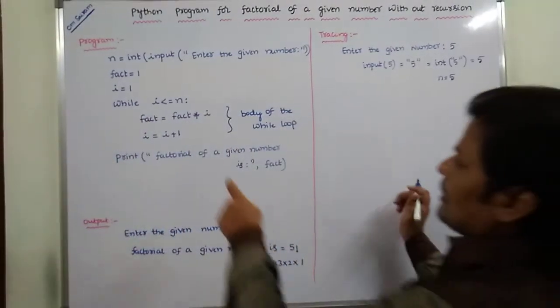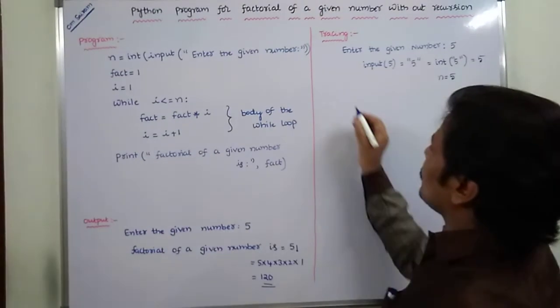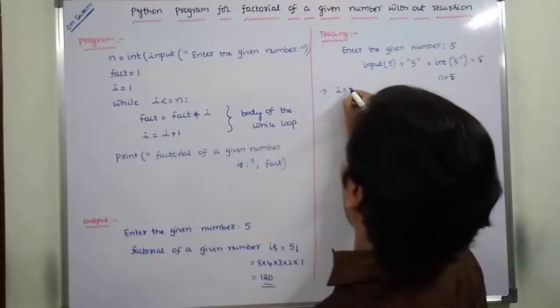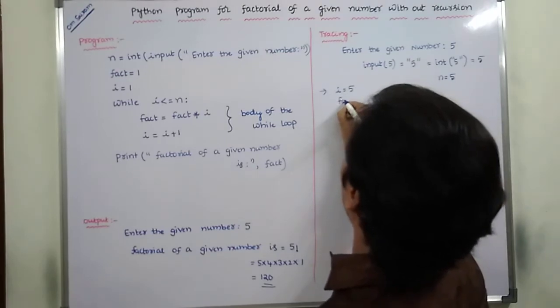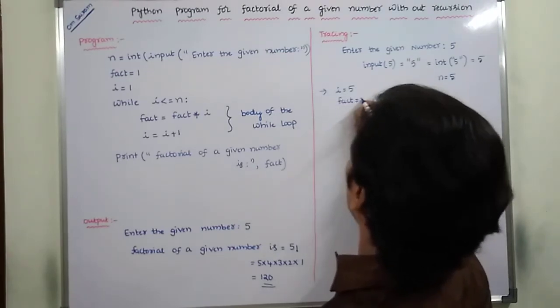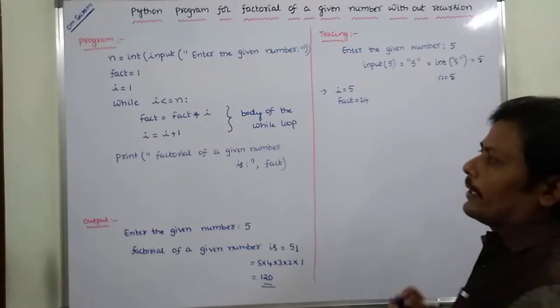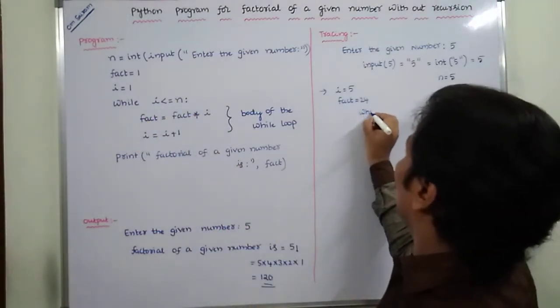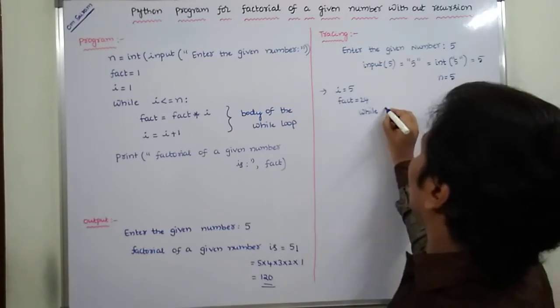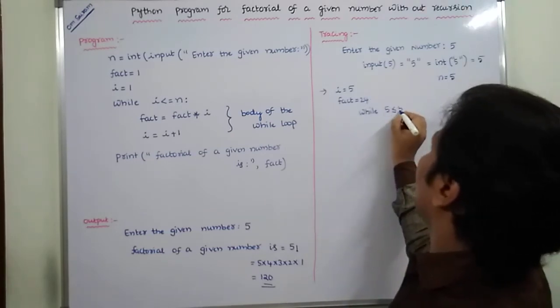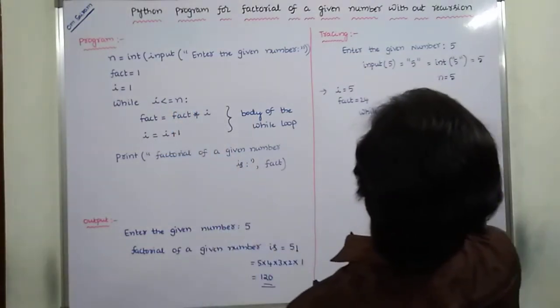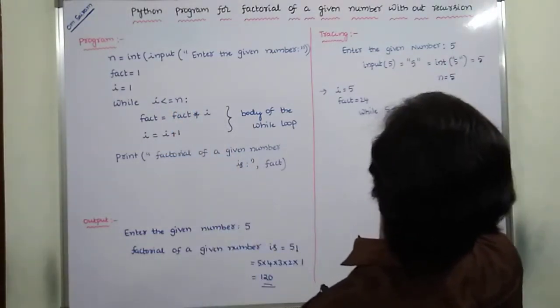Next again control goes to the while loop. Now in the previous iteration, I value is equal to 5 and fact is equal to 24. Now while I less than or equal to n, so while I value is 5, 5 less than or equal to 5, so here the condition is true.